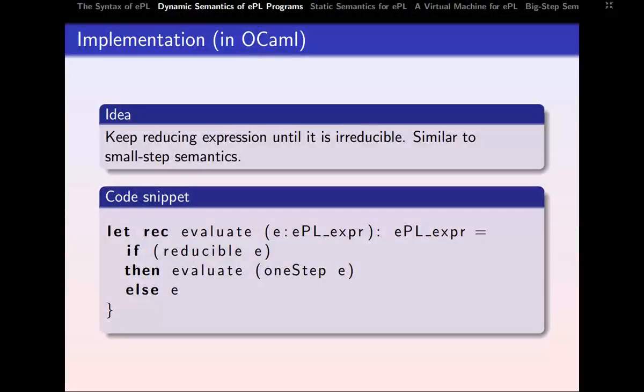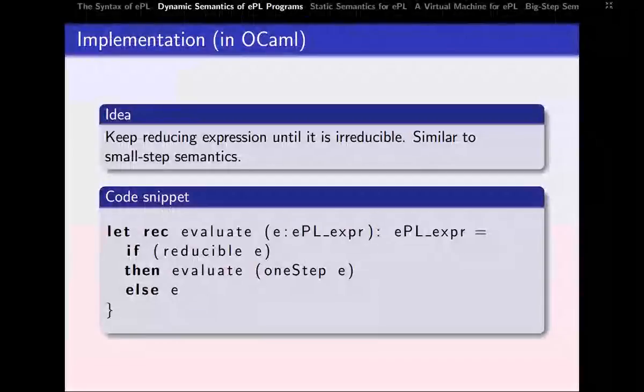That also gives us an idea on how to implement this. The evaluation of an expression is: if the expression is reducible, then apply an evaluation step and further evaluate. Otherwise, return the current expression because it's irreducible.